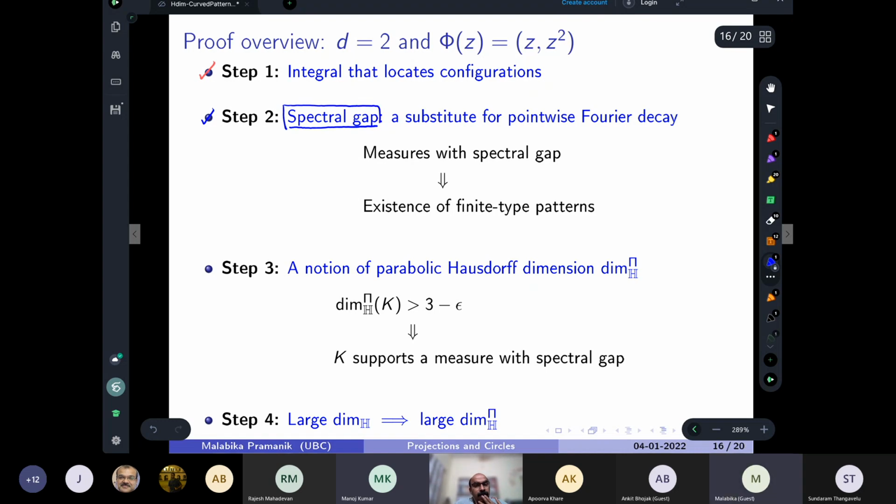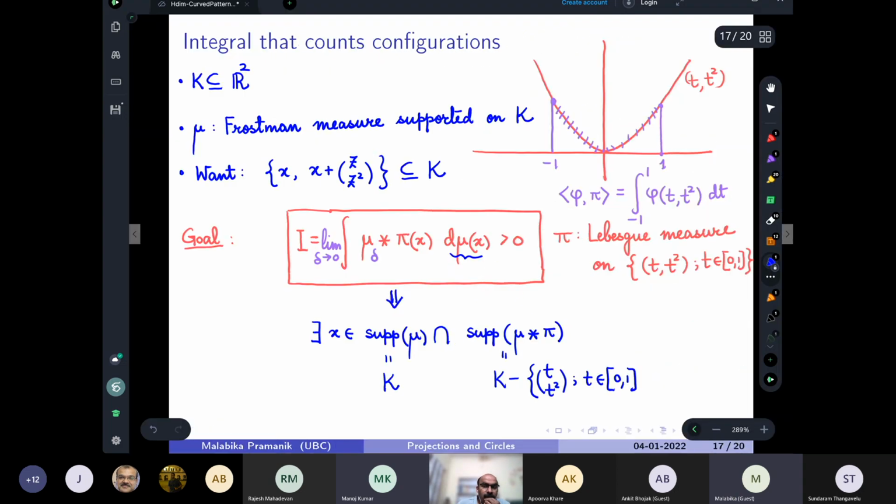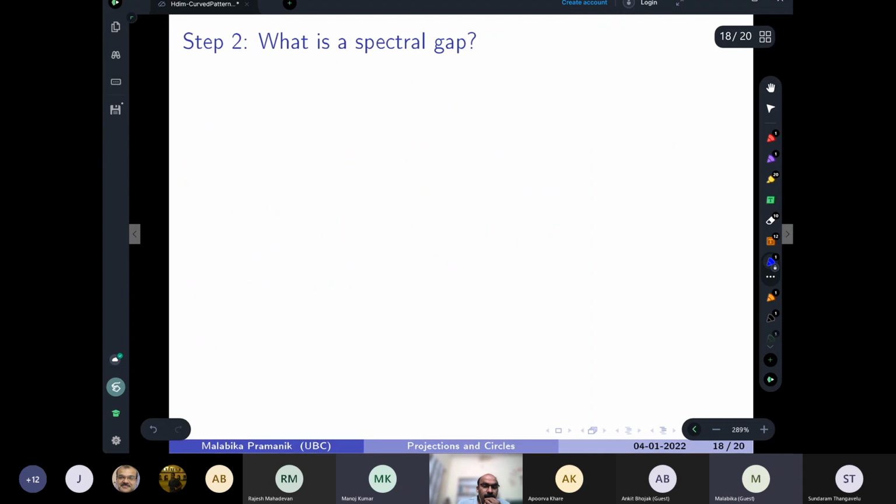Now, in past work, proving positivity of the configuration integral always relied in some form on Fourier decay of the measure. What Kuca, Orponen, and Sahlsten do is show that if a probability measure obeys a spectral gap property, then it automatically contains patterns of the type ZZ square. So let me try to explain why that's the case.